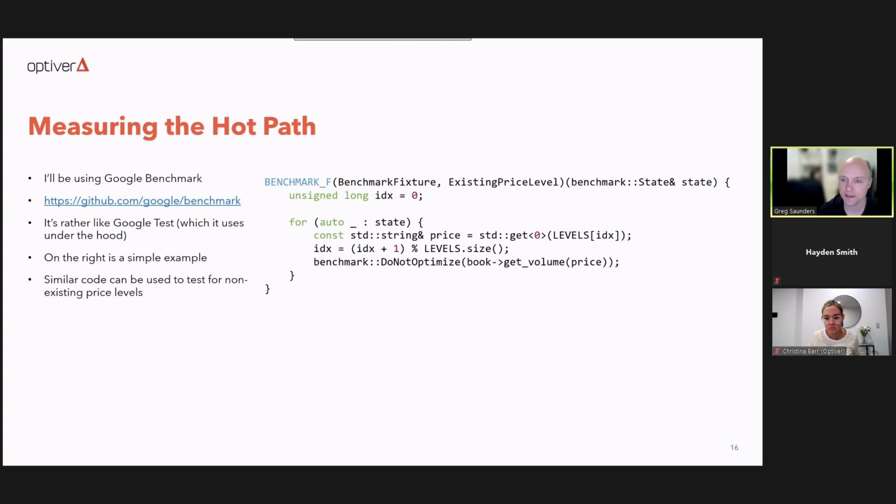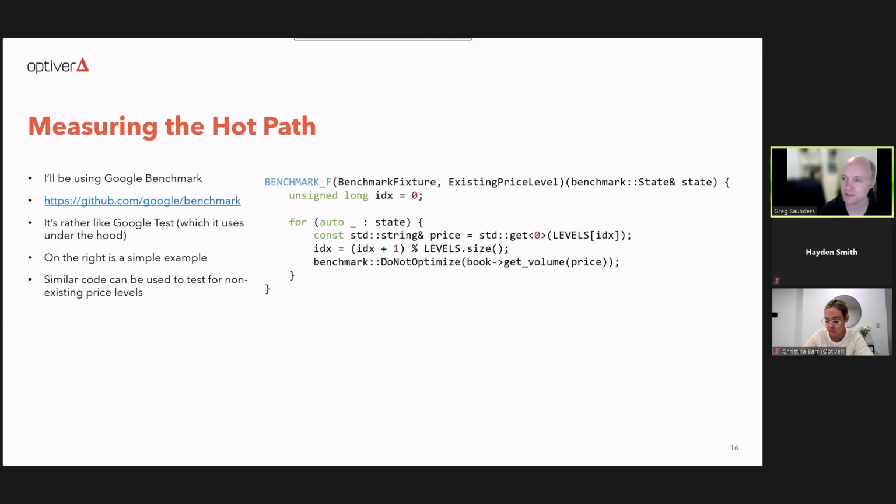So what it's doing is repeatedly getting a price that we know exists in the map, and calling get volume for that price.